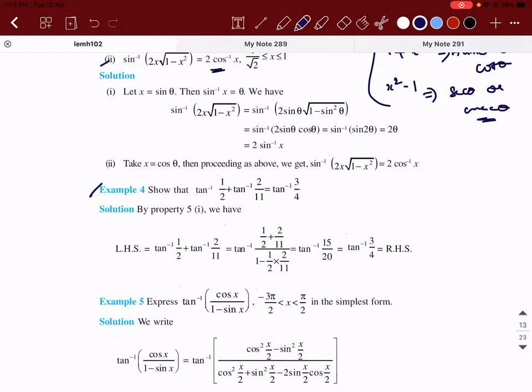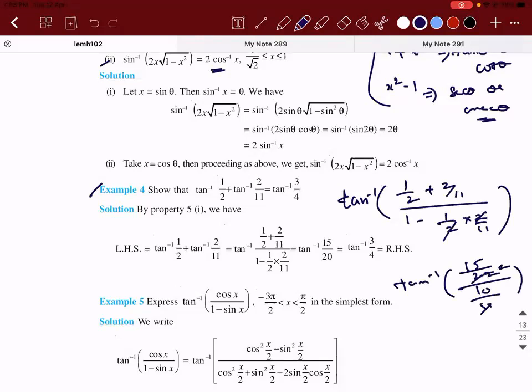So tan inverse half plus tan inverse 2 by 11 can be written as tan inverse of x plus y, half plus 2 by 11, divided by 1 minus xy, which is 10 divided by 11. Cancel it twice. So this will be tan inverse of 15 by 20, or 3 by 4. It's simple only, no?